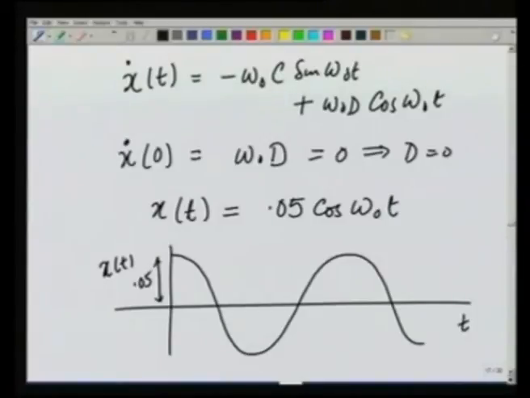If I were to plot the velocity of the particle, I will take the derivative, and that would come out to be x dot t is equal to omega 0 times 0.05 sine omega 0 t with a minus sign here, and that would look like this.